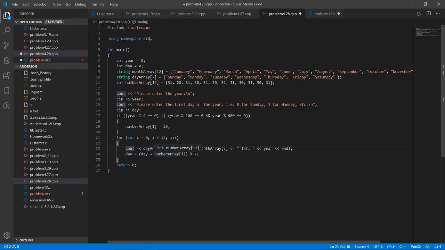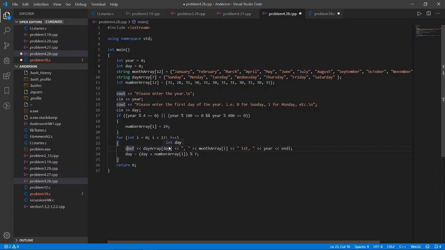So January has 31 days in it, so 31 plus 3 is 34. And we use the modulus operator to divide it by 7, and we know whatever is left over is going to be the day of the week for the following month. So we will update day accordingly. So that way, the next time it will say day array with our new day.